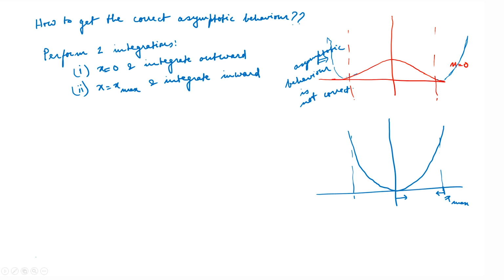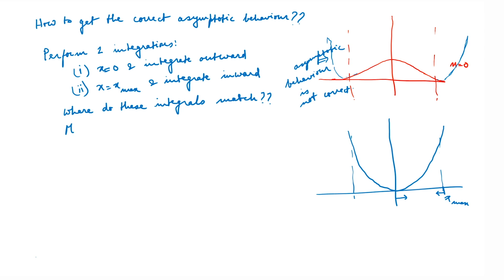So, this tells me that at some point these two must match. Now the question is, where do these integrals match? To match the integrals, we will choose the classical point of inversion.